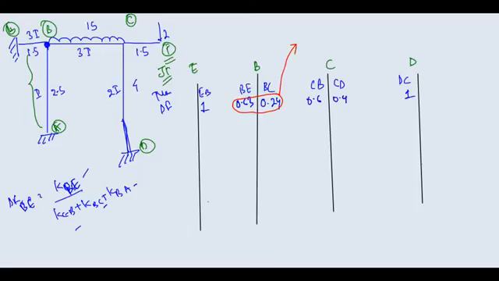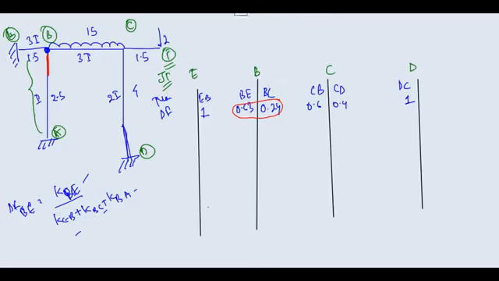Many people think that the sum of these two values should be equal to 1, but it is not so in this case, because you have not considered the arm BA. Because of that, the sum of these two is not going to come equal to 1. It will come something less than 1, because the distribution factor of AB is not considered here. So don't make that mistake. You should be careful about this.